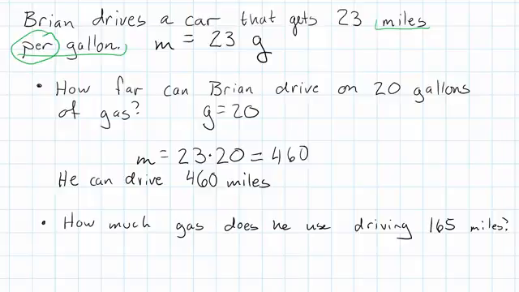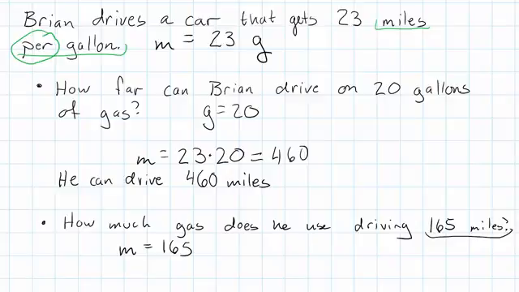Now in the second question, we're not given a value of g, right? We're given a distance. We're given a value of m. m equals 165.